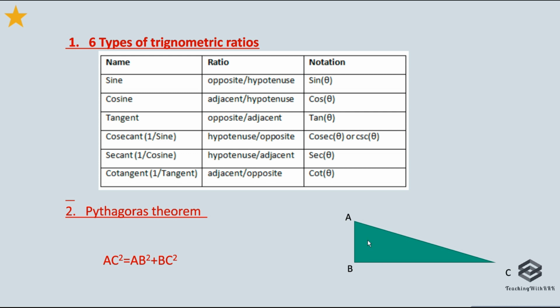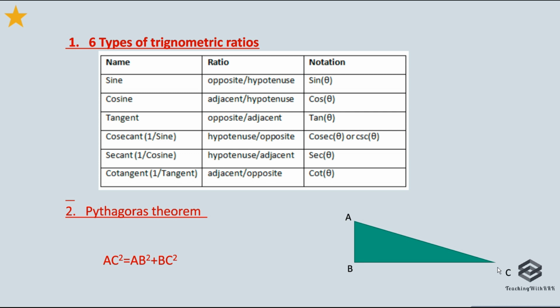You can define trigonometric ratios for angle C also. For example, sine C. What is sine C? Sine C is opposite of angle C, AB, divided by hypotenuse AC. So sine C is AB by AC, like that.